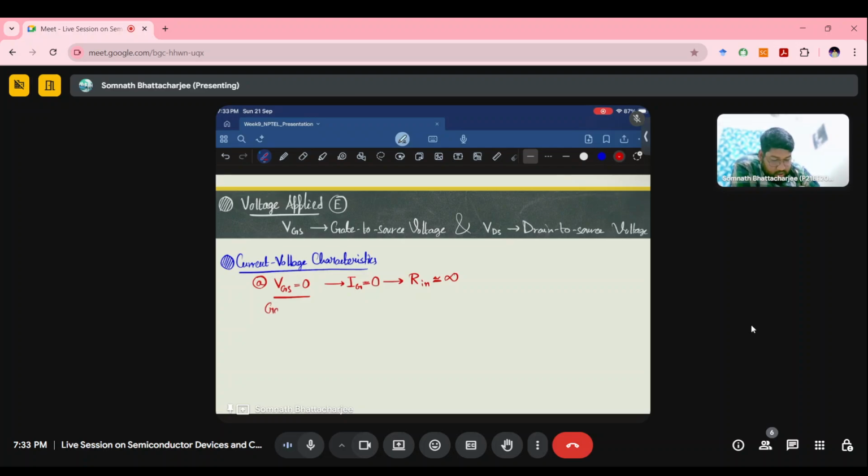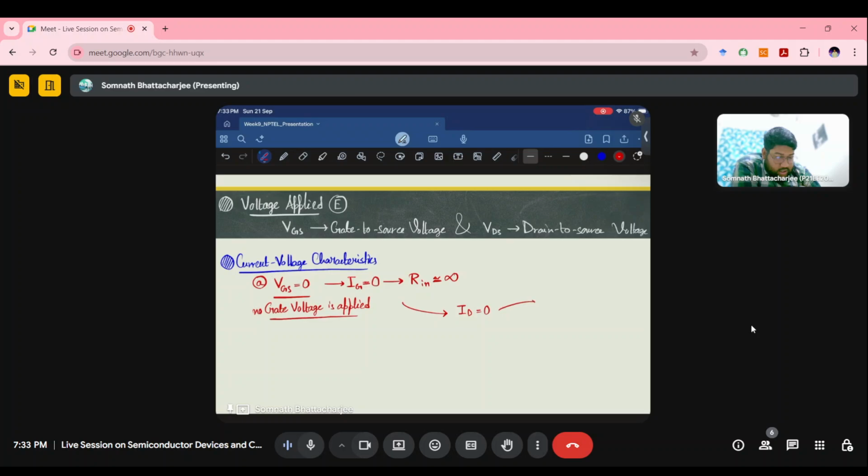This means that no gate voltage is applied. So without the application of a gate voltage, there's an infinite resistance in the input terminal, and based on this we don't get a current at the drain terminal as well.